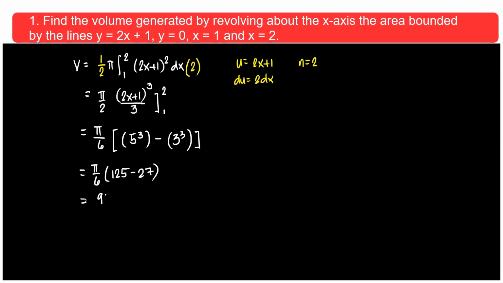This is 98 pi over 6, or divide both by 2, this is 49 over 3 pi cubic units. This would be the volume of revolution.